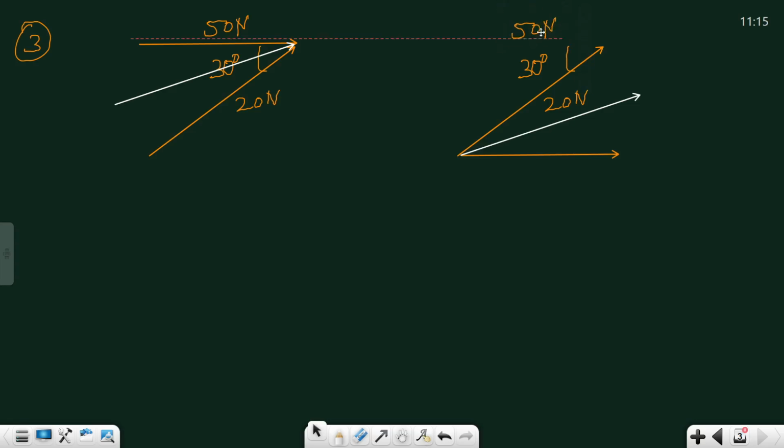This one is 50. So angle is 30. This angle is 30. So that is 20, that is 50. This is the resultant R. That will be more inclined toward 50. So you can simply find out the resultant.